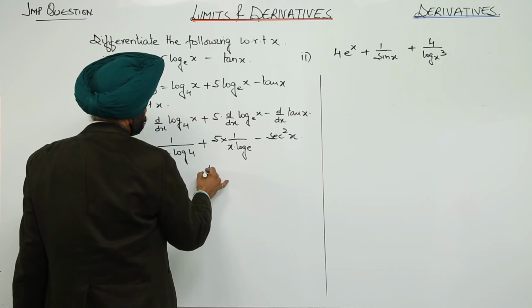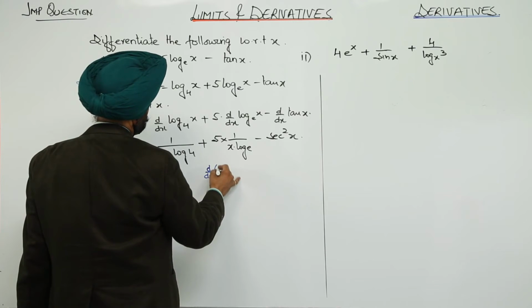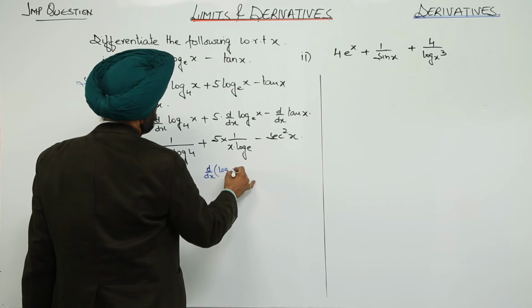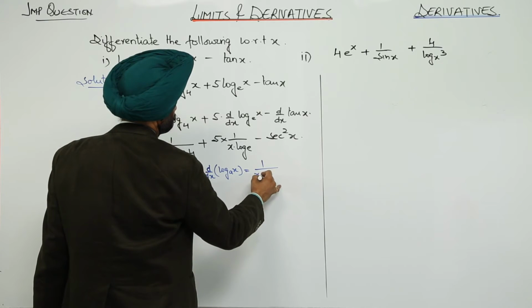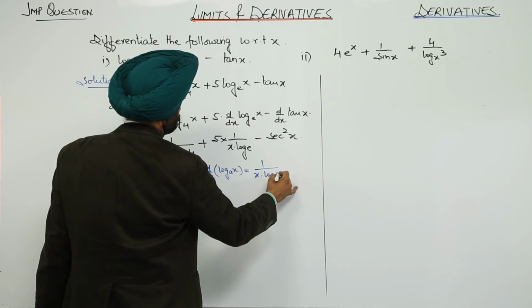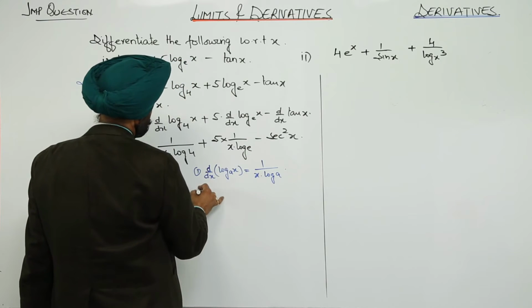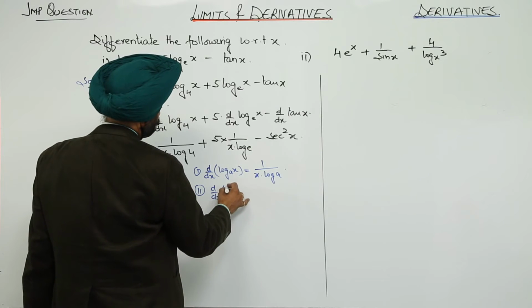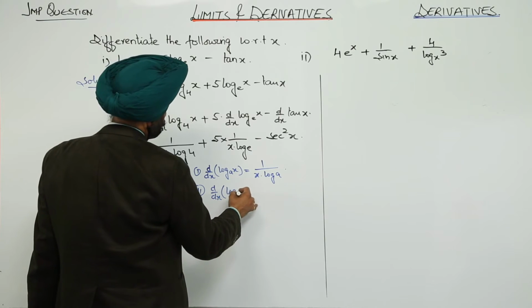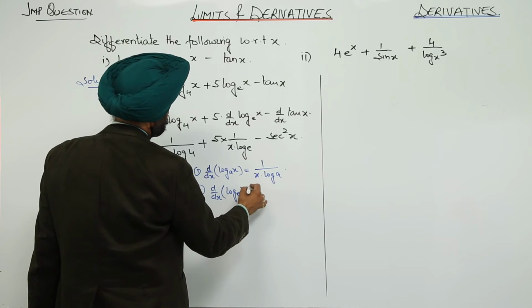Now d by dx of log a x, this is equal to 1 upon x log a, one thing. Then second, d by dx of log e x.